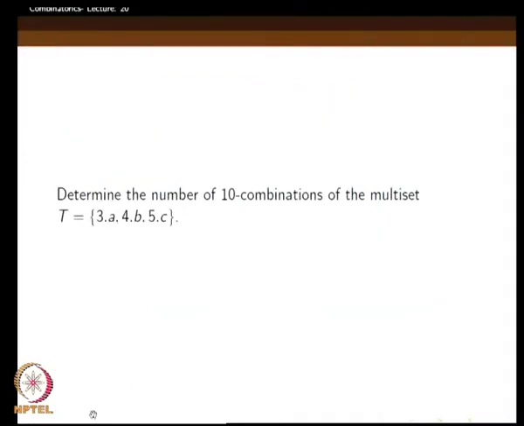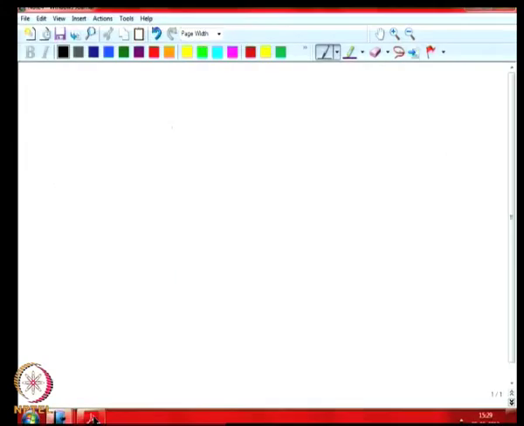So now we take a general question: determine the number of 10 combinations of the multiset T equal to 3a, 4b, 5c. So, this is a multiset, right.